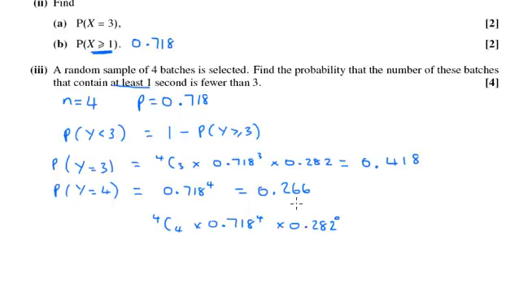So if we add them together and take them off 1, we're going to be doing 1 minus 0.683, which comes out at 0.317.